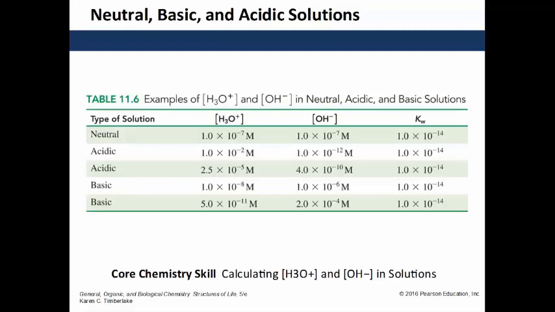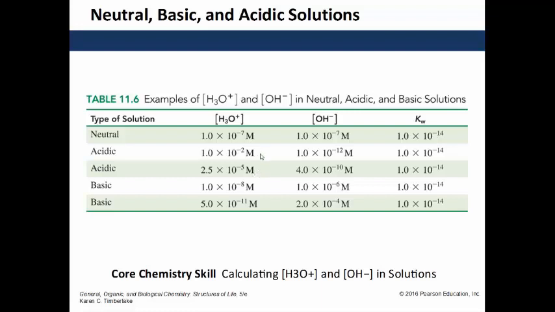So for neutral, they'll be equal, 1 × 10 to the -7 molar for both. If it's an acidic solution, that value will increase, become more positive. So instead of being 1 × 10 to the -7 molar, you get an example of, say, 1 × 10 to the -2 molar. That's getting more acidic in solution. Same thing here.